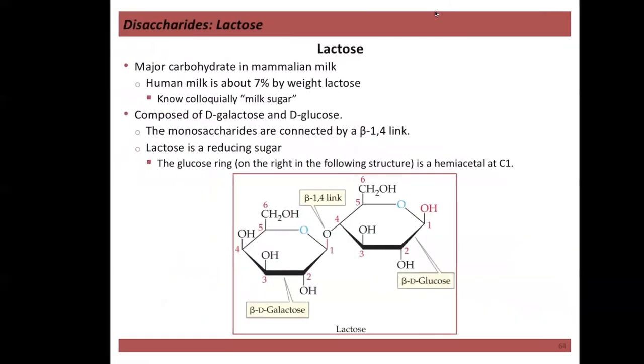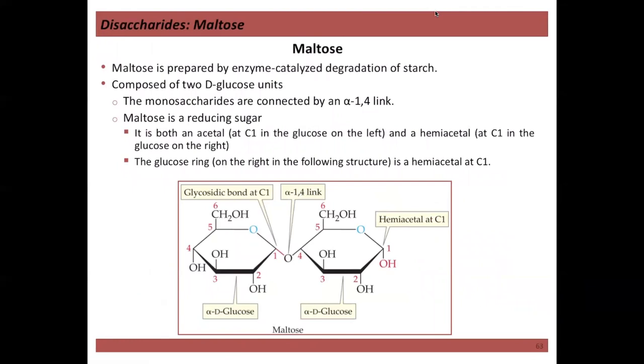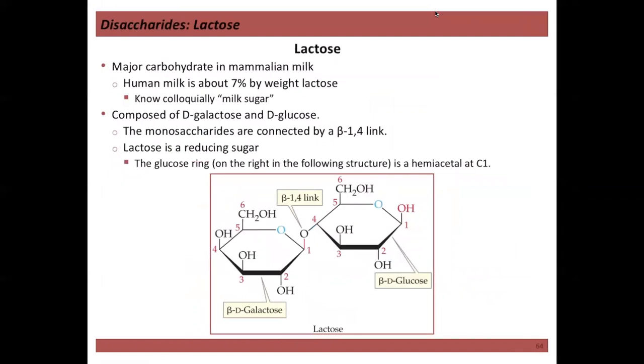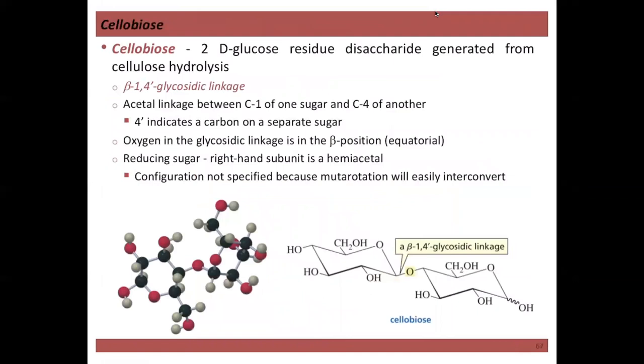So let's review these. Maltose is an alpha 1,4 linkage. This is the linkage that starch has. Lactose has a beta 1,4 linkage, but again, it's between galactose and glucose. And then cellobiose has a beta 1,4 linkage, but it's between 2 glucoses.